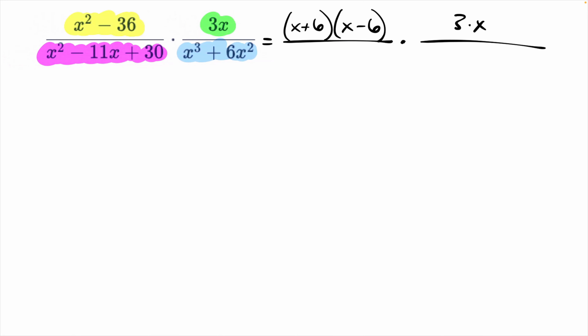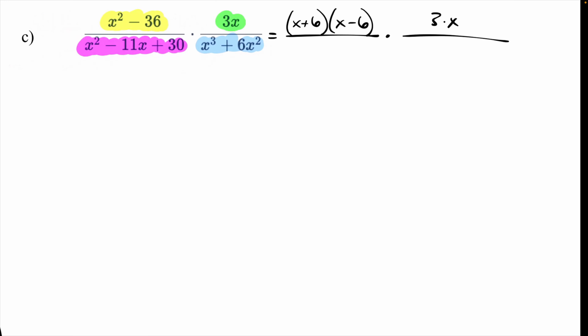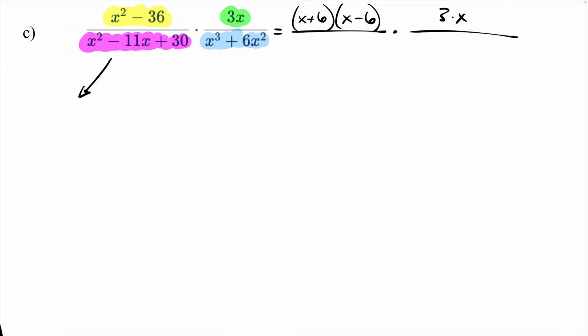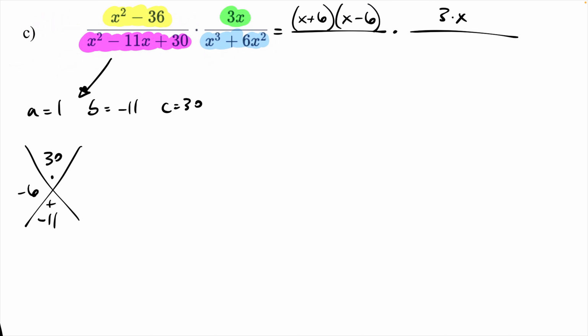The pink is a trinomial, so I can break it down using trinomial methods. So we get 30 and negative 11. The two numbers that multiply to be 30 and add to be negative 11. Negative 6 and negative 5.